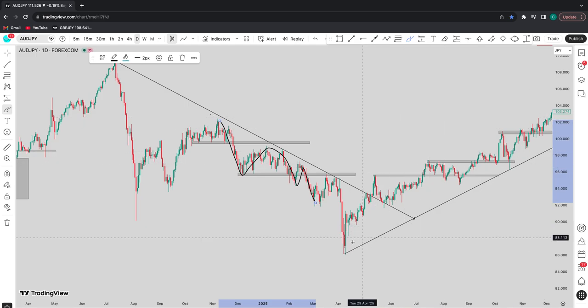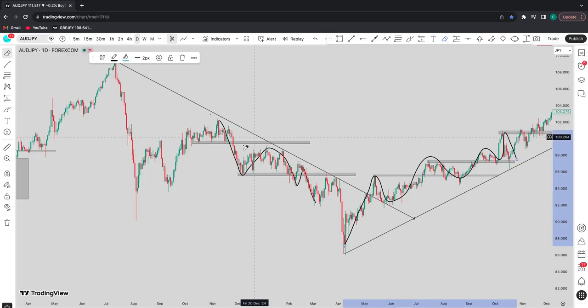Then if the market is on a bullish move, creating higher highs and higher lows, you plot out your resistance. The market should be breaking above your resistance, respecting support, breaking above resistance, and so on.